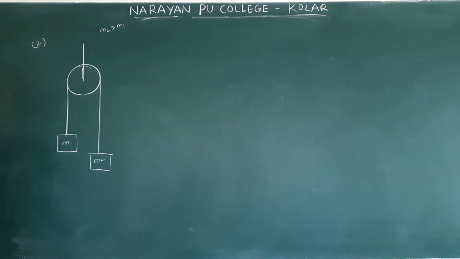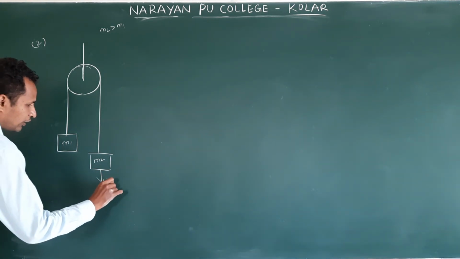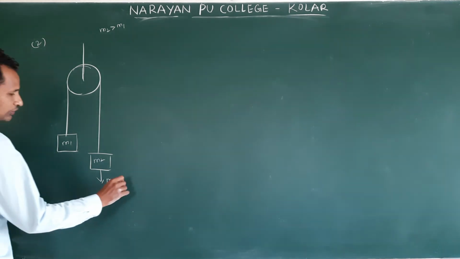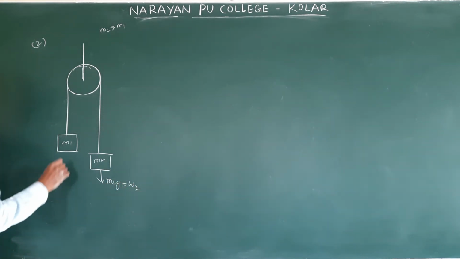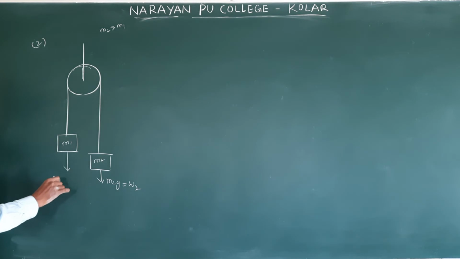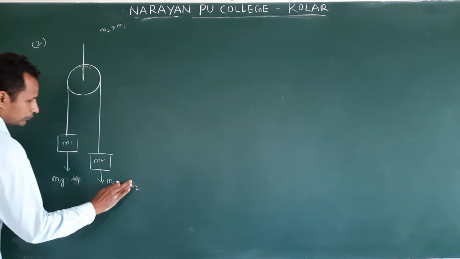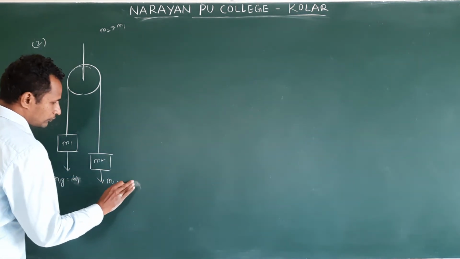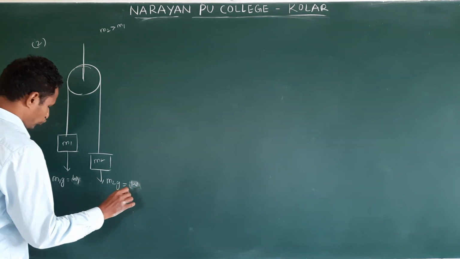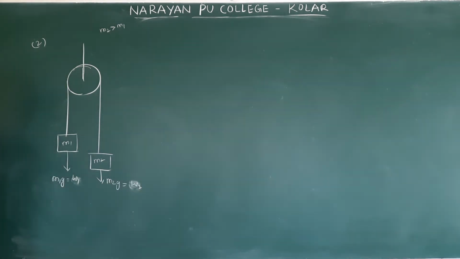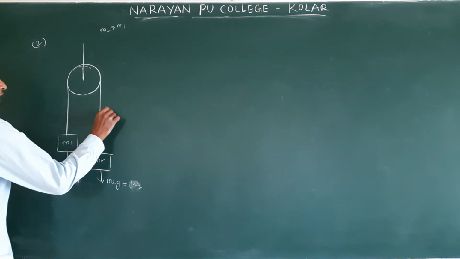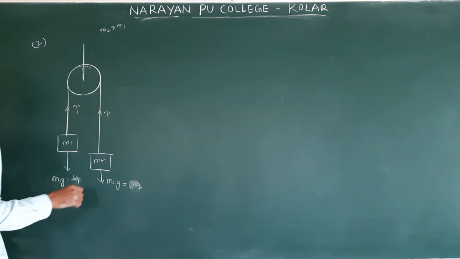Now this is M2g, weight W2, acting downwards, and this is M1g, equal to W1. Tension acts upwards.